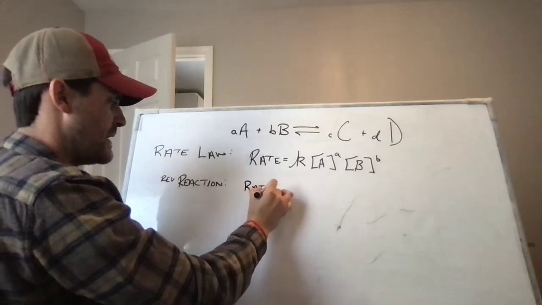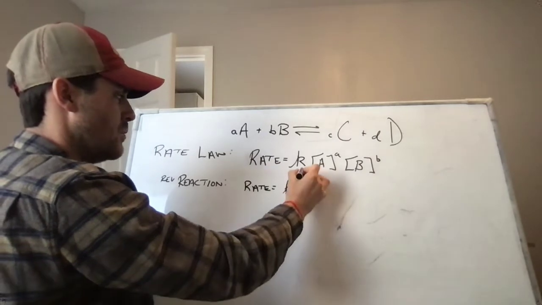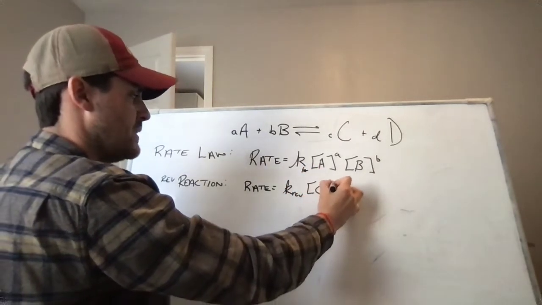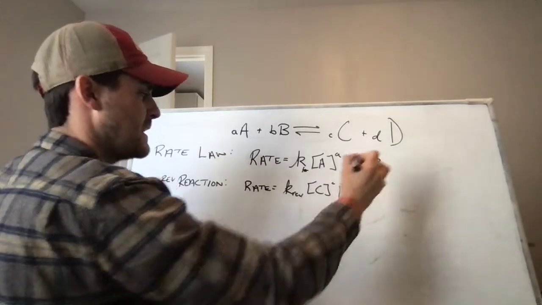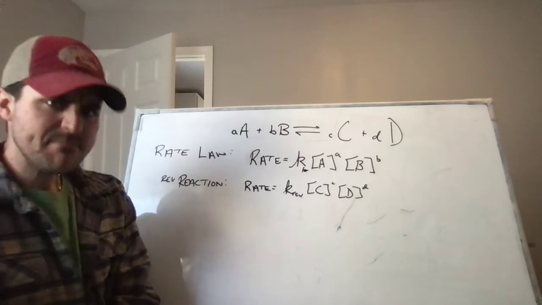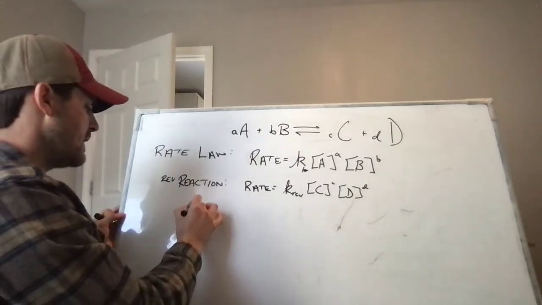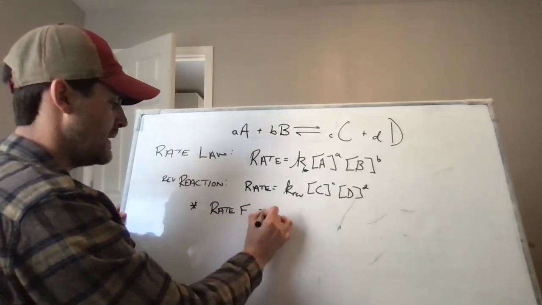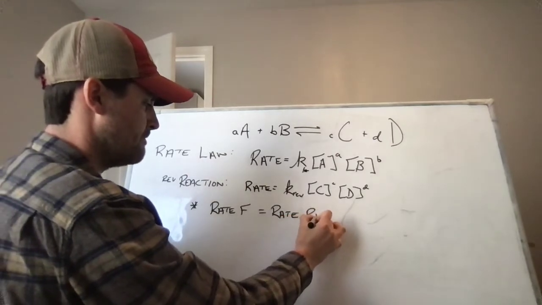We would say that the rate of this reaction is equal to K for the reverse. We can call this K for the forward, times the concentration of C raised to its exponent times the concentration of D raised to its exponent. Now, with equilibrium, the definition of equilibrium is that the rate forward is equal to the rate reversed.